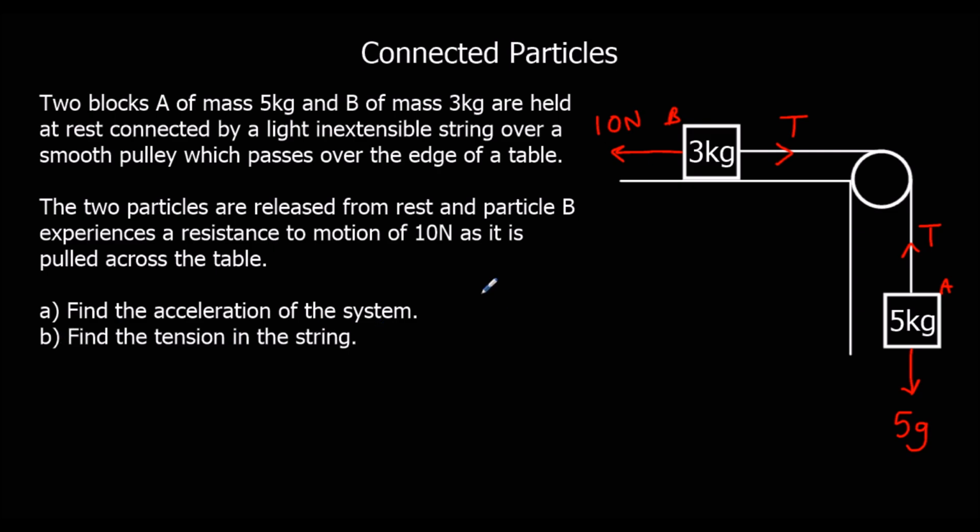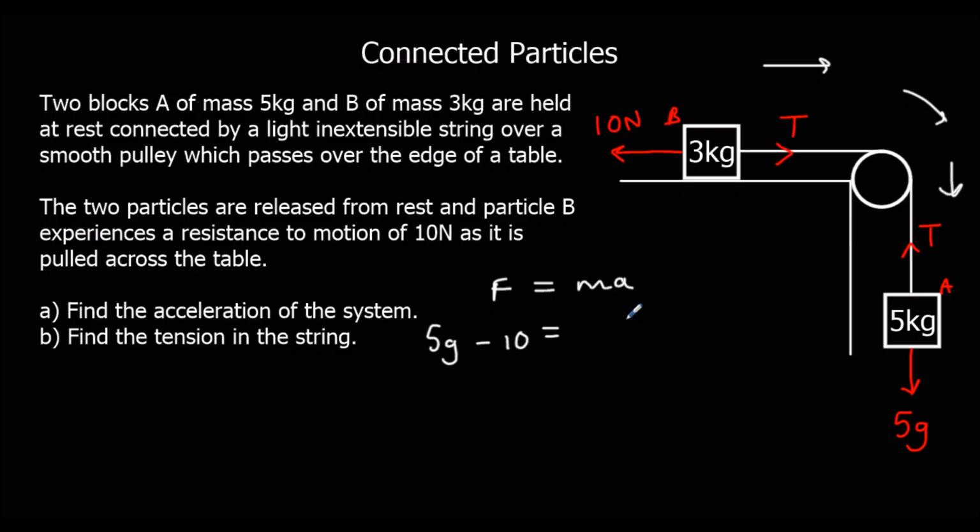So part A, find the acceleration in the system. So we're going to look at the system as a whole. F equals ma. The force, so it's going in this direction. The force going with the motion is 5g. The force opposing the motion is 10 newtons.